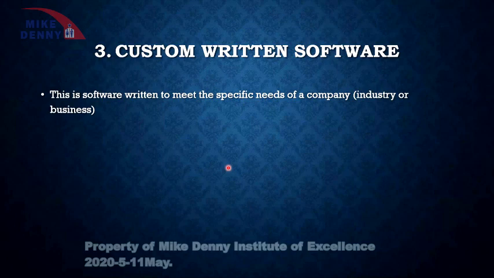So you need somebody to come and design a program that meets your specific needs. No other company can use that software because it is made to handle your particular operations. That's what we call custom written software.